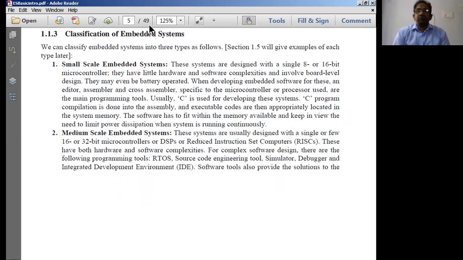One more limitation here is that power dissipation is obviously a problem. The power dissipation should not be excessive or destructive. When the system is running continuously, the power dissipation increases, and as it increases, the embedded system may get damaged due to excessive heat in the system.